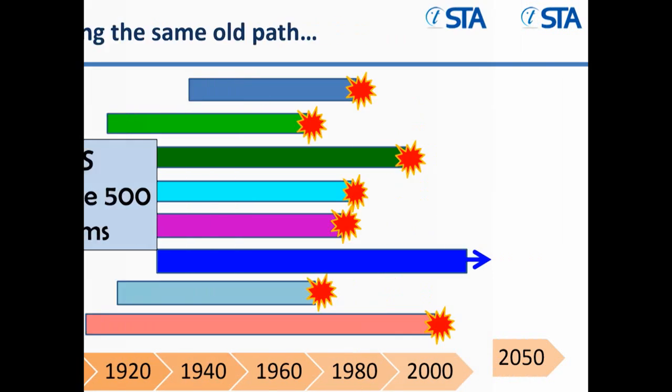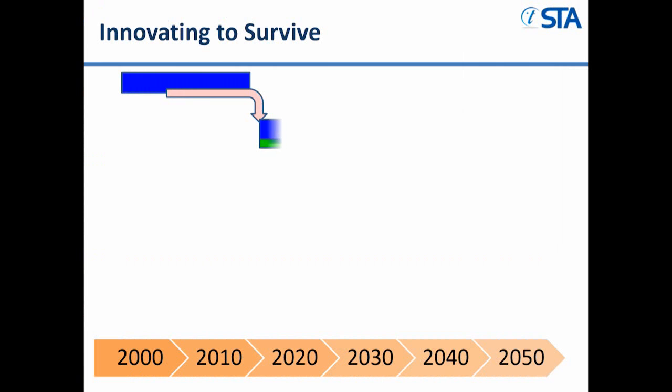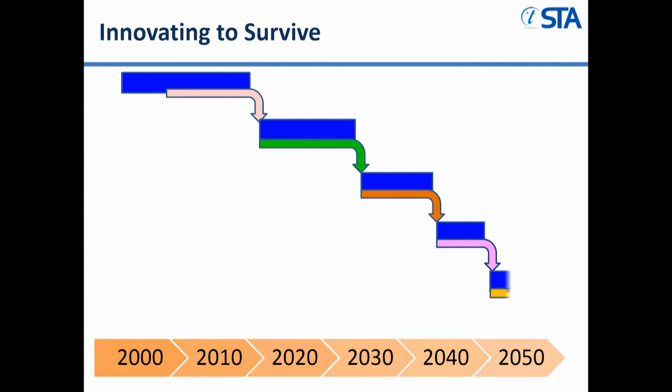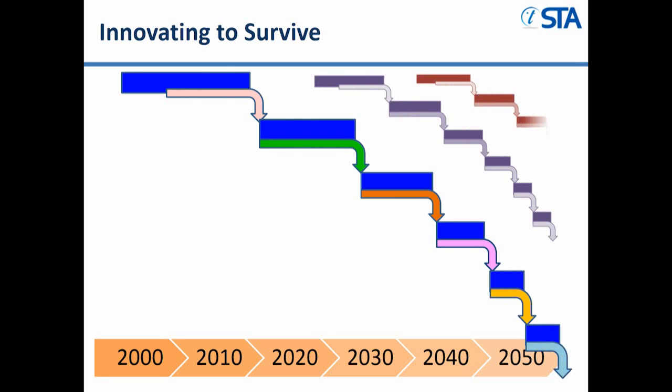In the future, what we'll need are organisations following a different path. They start off with a good product, and then they recognise that technology change is going to hit them. So they invest in R&D.